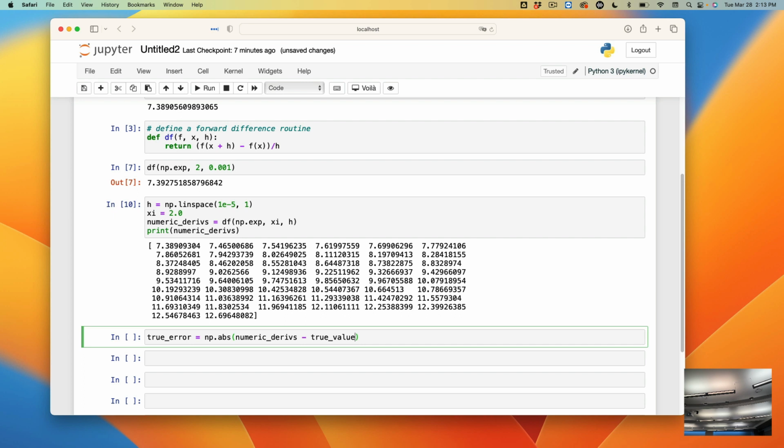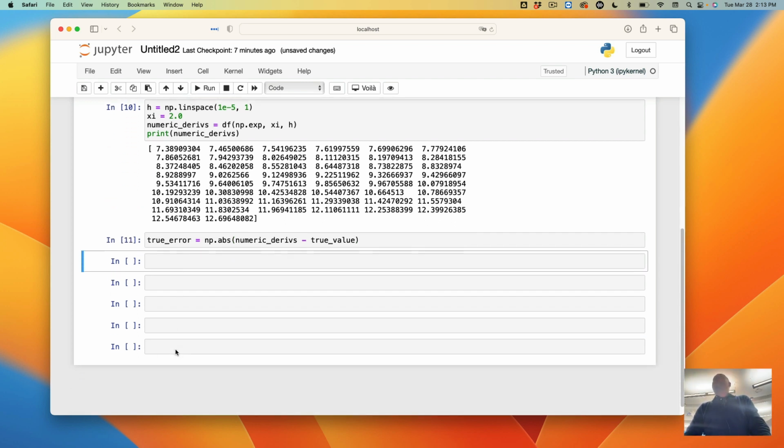All of those derivatives, I'm subtracting from them the true value, taking the absolute value. I'm not doing any relative error, nothing, because here I'm trying to get that convergence plot. And that convergence plot does not need a relative error. I'm interested here in finding that convergence rate, and indeed to prove that the order of accuracy is 1.